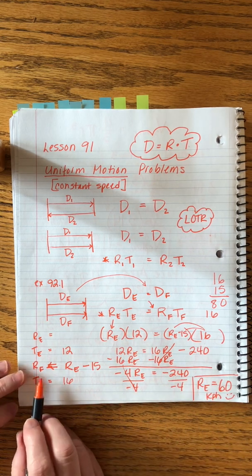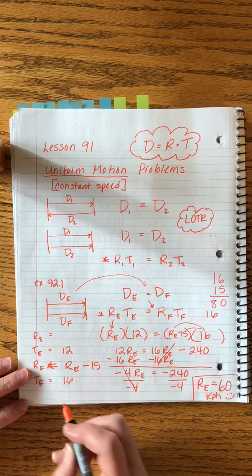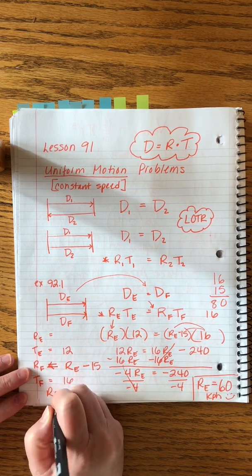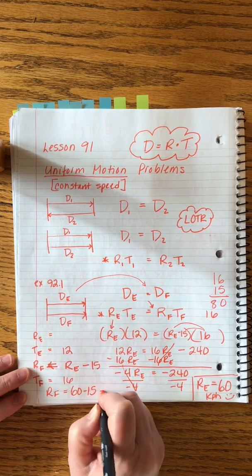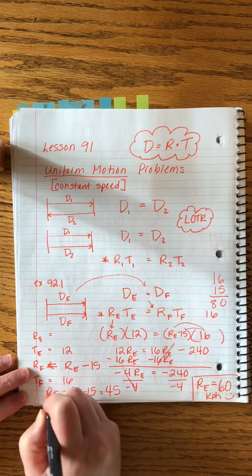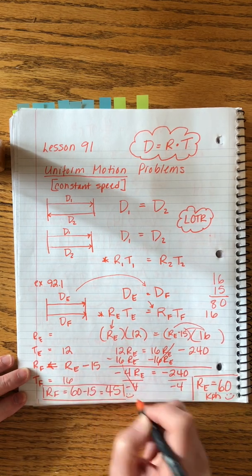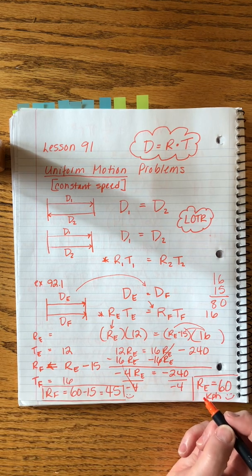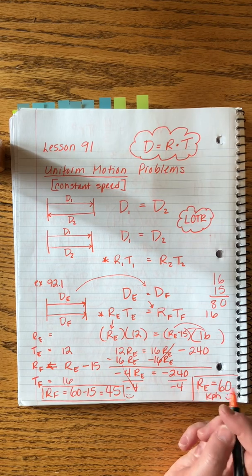We know that the rate of the freight train is the rate of the express train minus 15. So I'm going to say the rate of the freight train equals 60 minus 15 equals 45. Yay. Okay, that's how it works, you guys.